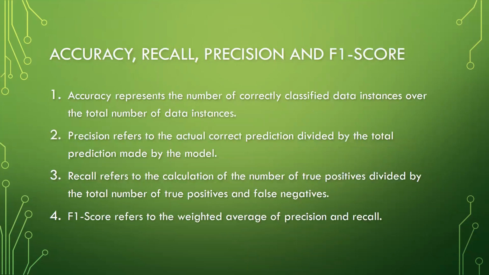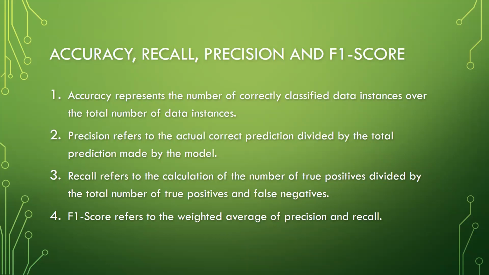Then the difference between these 4: accuracy, recall, precision, and F1 score. They are evaluation metrics, actually, some part of them. So we begin with accuracy, where accuracy represents the number of correctly classified data instances over the total number of data instances. Then precision refers to actual correct predictions divided by the total predictions made by the model.